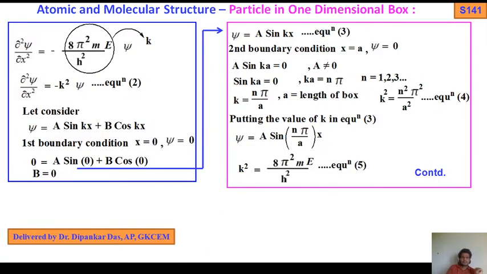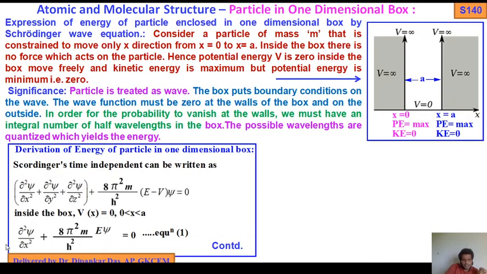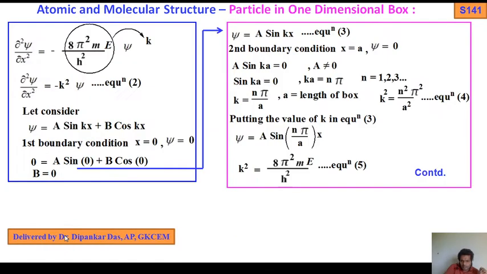Now del square psi by del x square equals minus 8 pi square m E by h square times psi. Why? Because this portion goes to the right hand side, so it becomes negative.